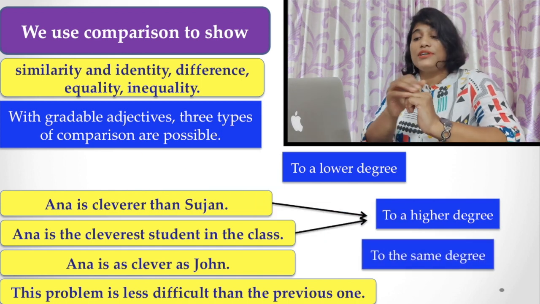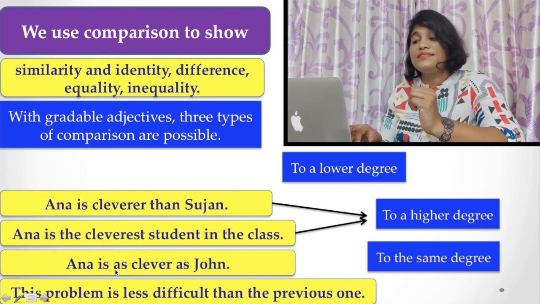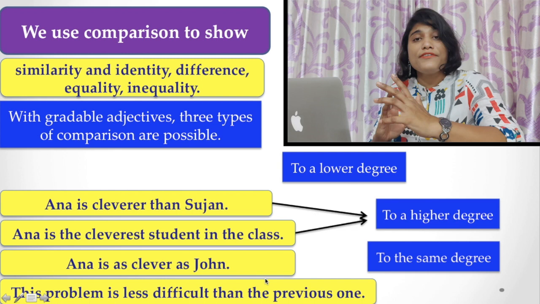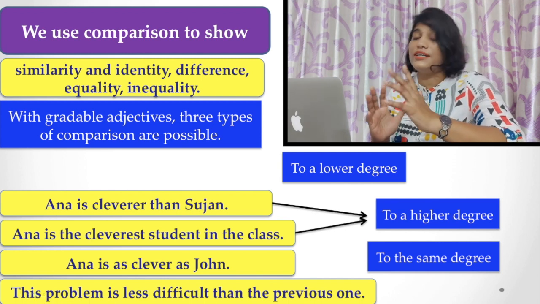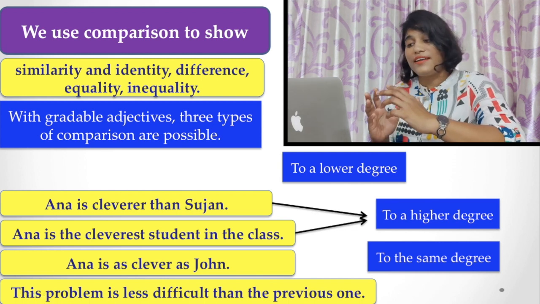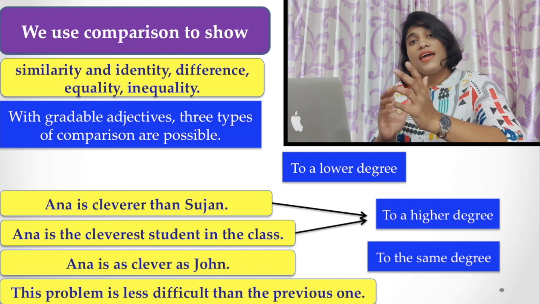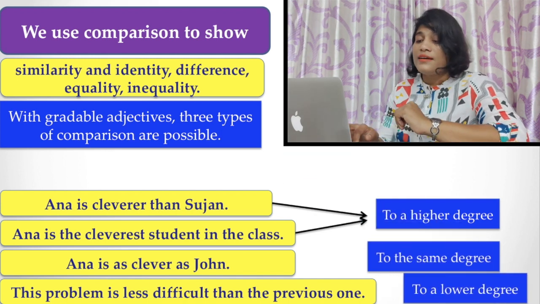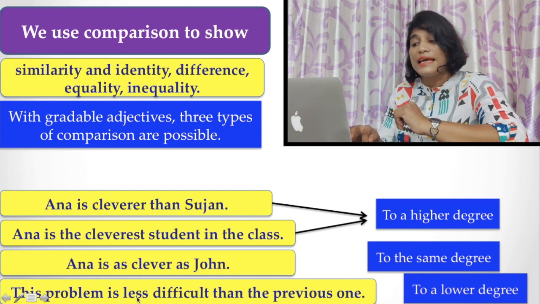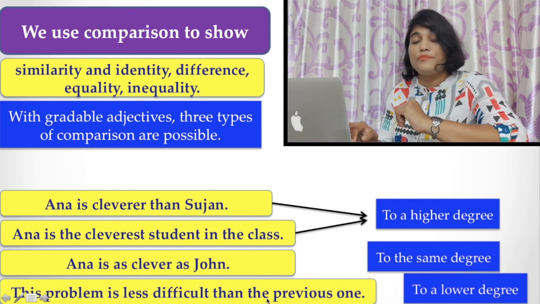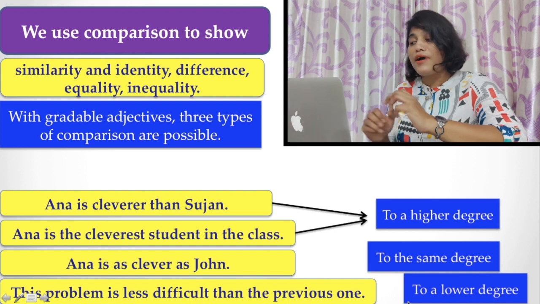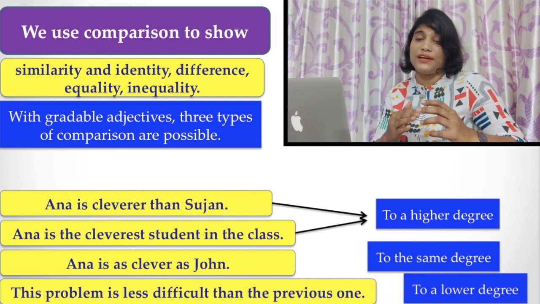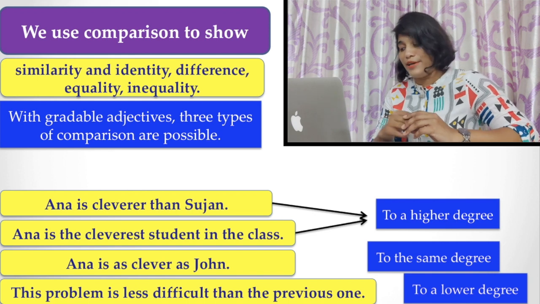Similarly, if we say Anna is as clever as John, here the adjective clever is compared to the same degree in case of Anna and John. But here, this problem is less difficult than the previous one. Here you find the difficulty is compared to a lower degree.